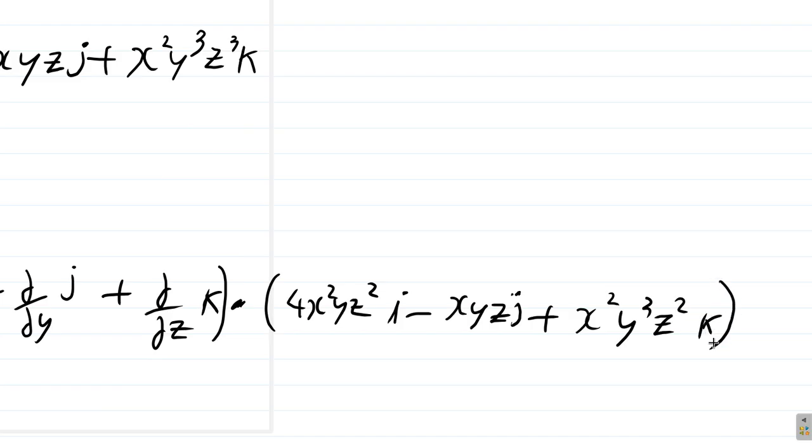So remember, generally we wrote the vector A as Ax i plus Ay j plus Az k. Here we see what Ax is, what Ay is, what Az is. All right?